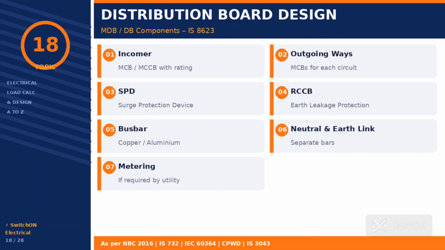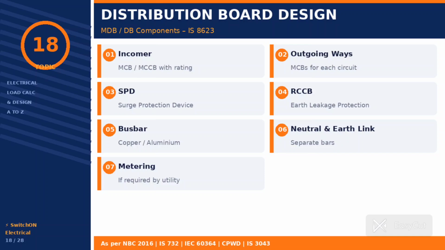Even if it is a panel, it will be the same. Usually the height will be around 300 mm or 450 mm. But the width and the depth mainly depend on incomer and outgoings.